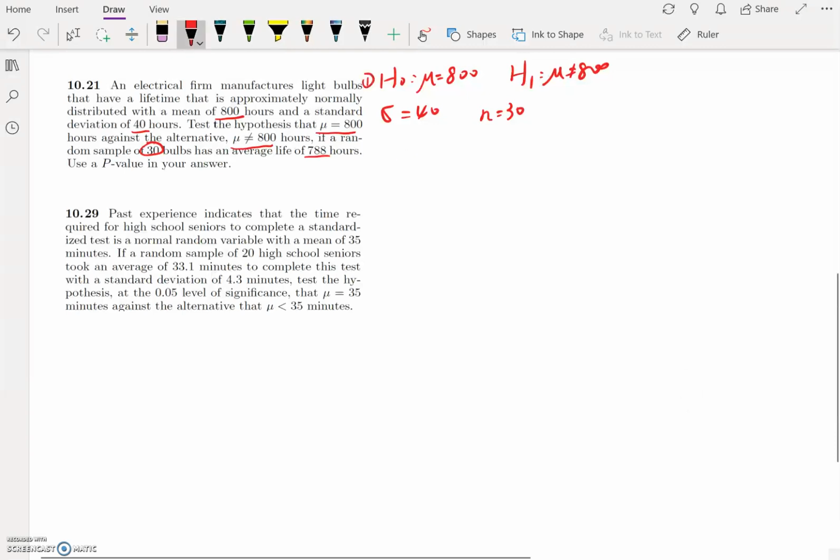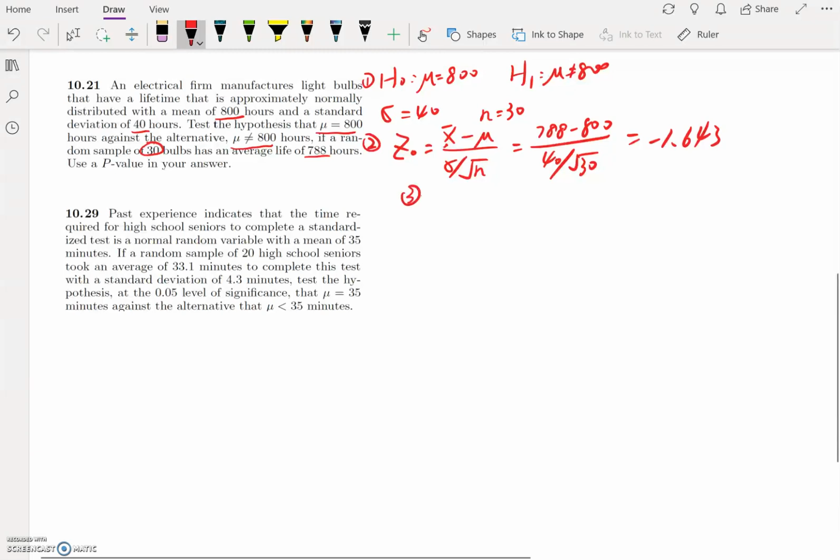That's the first step. Second step, we write down z0 equals x bar minus mu divided by sigma over square root n. That is 788 minus 800 divided by 40 over square root 30. So the result for that is minus 1.43.